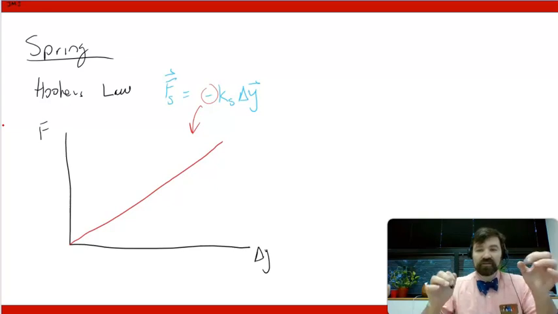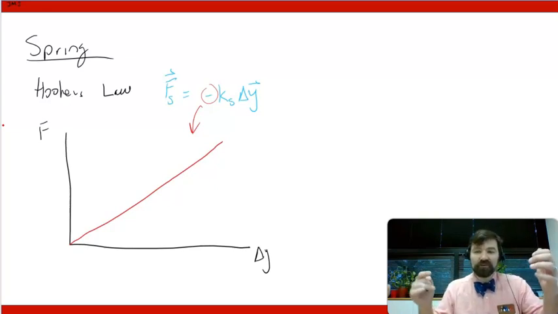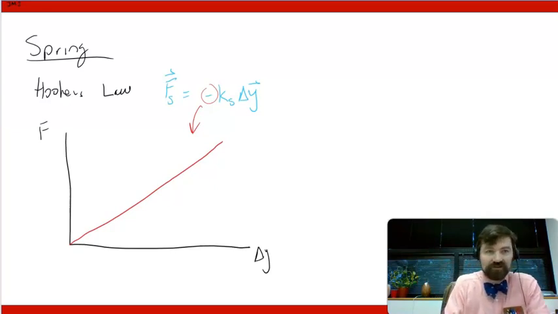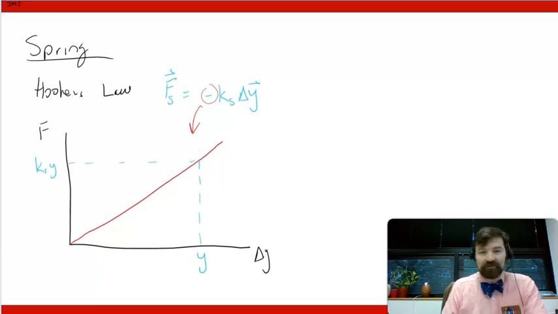I just know that as I stretch the spring, I get a force that's applied in the opposite direction, and as I compress the spring, I get a force applied in the opposite direction. Now, if I wanted to figure out how much work is being done for a given value, we'll just call this y. This right here would be essentially k times y.